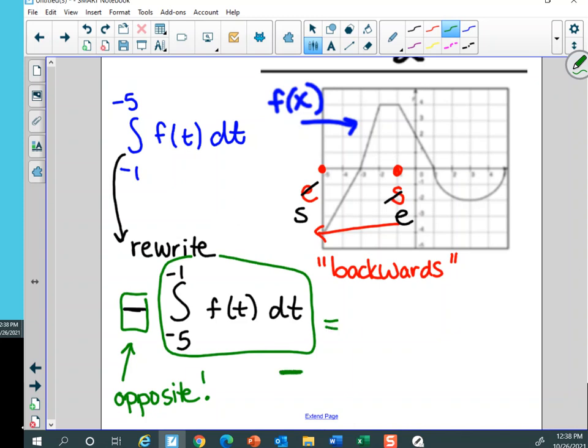So a big old opposite. And then this guy is negative, and that guy is positive. So I'm going to have the negative triangle, which will be 1/2 times 2 times 4, plus a positive trapezoid, which will be 1/2 times (1 plus 2) times 4.